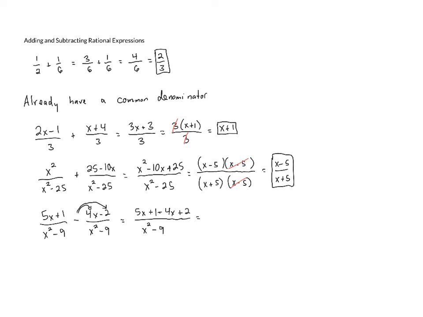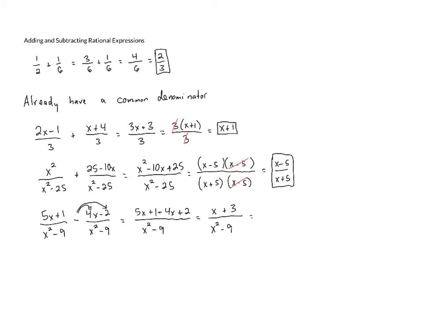I write all of this out just to make sure that I don't make a mistake, because if we try to do it mentally, we're more likely to get something wrong. Now that we've combined all of these into one numerator, we can combine like terms. 5x minus 4x gives us just x, and 1 plus 2 is 3. So we have x plus 3 over x squared minus 9.